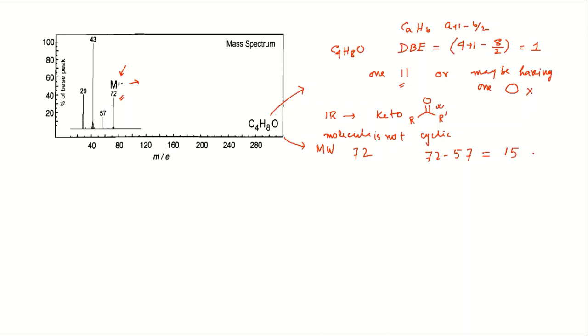What does 15 mean? Methyl radical. Great. So from here you get one confirmation that the molecule has undergone methyl radical elimination.